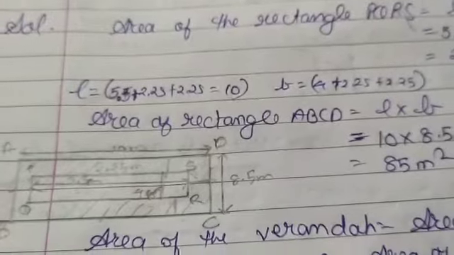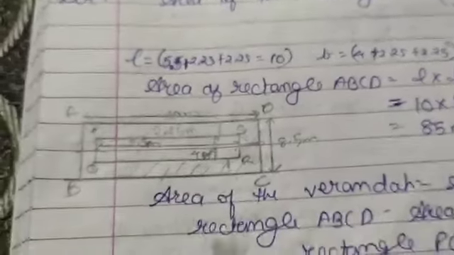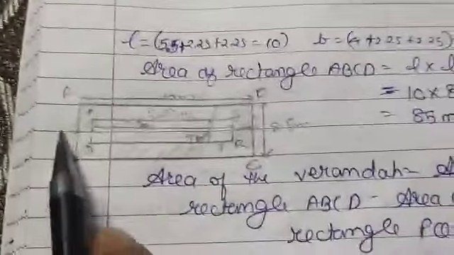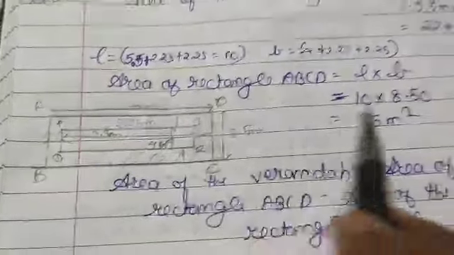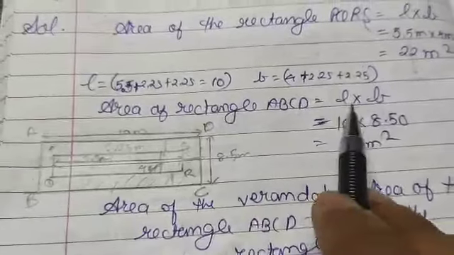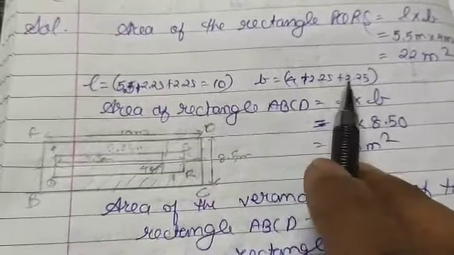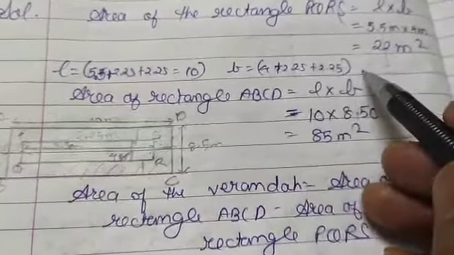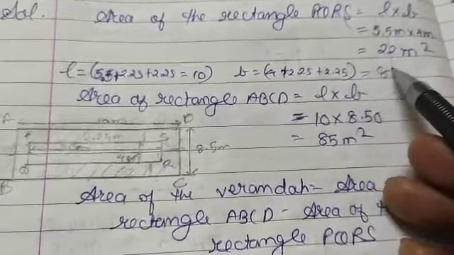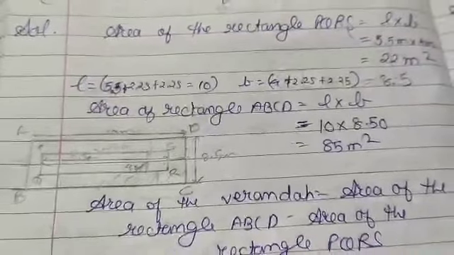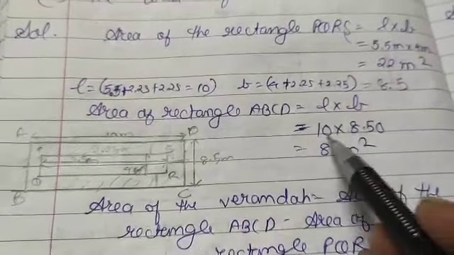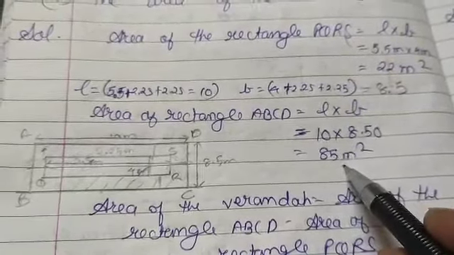Now dear student, here I got the length and breadth of the outer rectangle. Now I can easily find the area of ABCD. The area of the rectangle ABCD is length into breadth, that is 10 into 8.5. When you multiply, you will get 85.